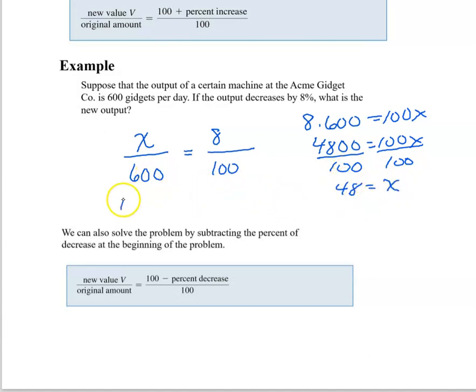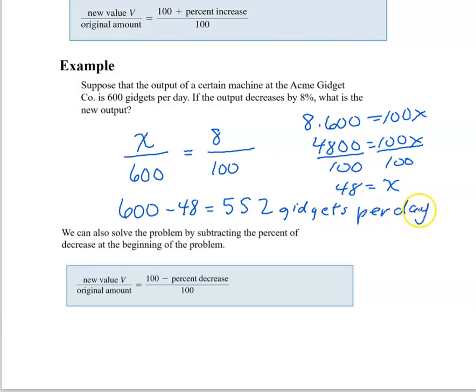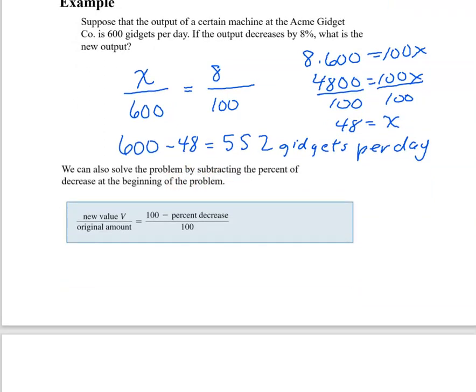Okay, and so we started at 600, and it says that we're going to decrease by 48, and so that's going to leave us with 552 gidgets per day. We can also solve the problem by subtracting the percent of decrease at the beginning of the problem and then finding the new value. That would probably be faster.